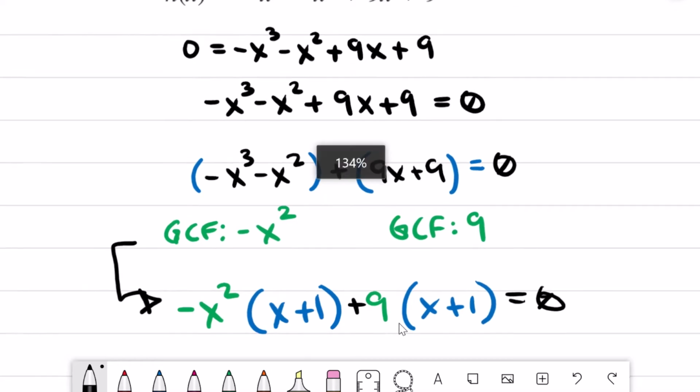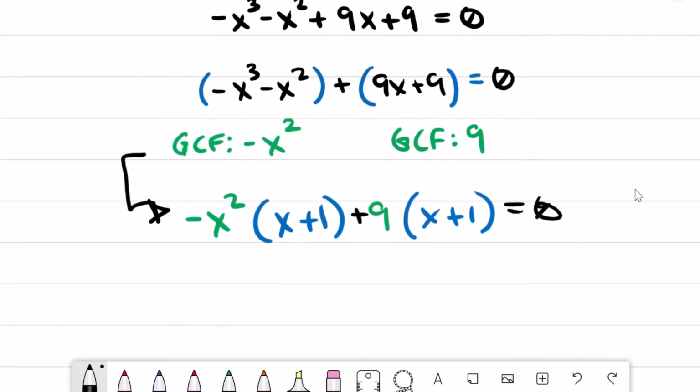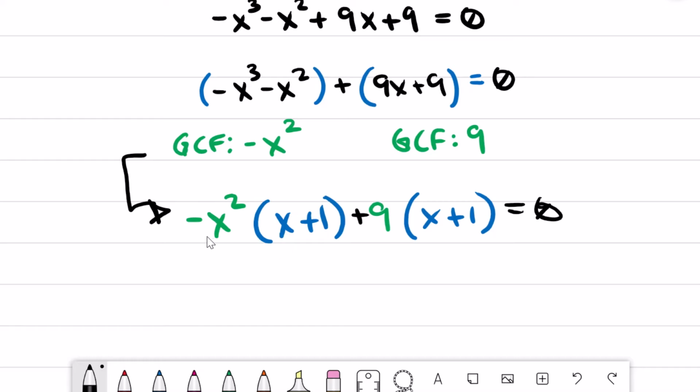Okay, so now that we've gotten to this point, you'll remember from previous videos that we combine our GCFs together, and we do our grouping when what we have inside of the parentheses matches. So we're going to take this x plus 1 and write that as its own binomial.